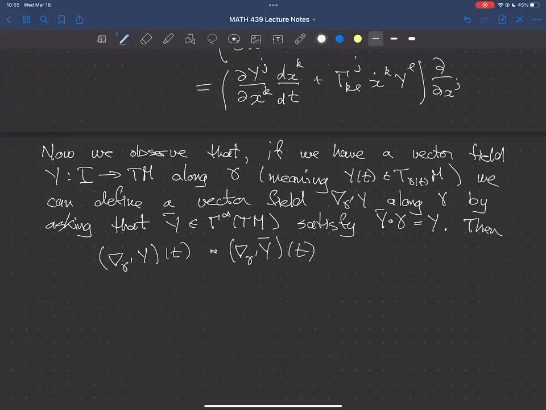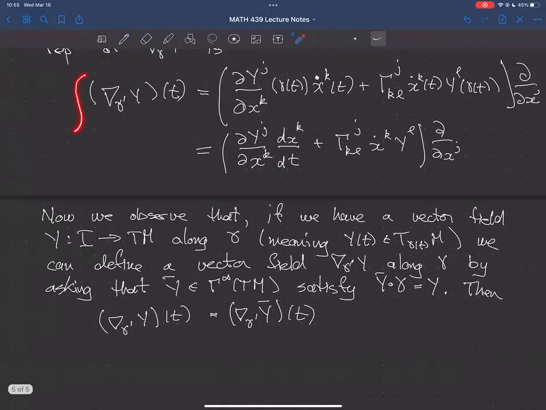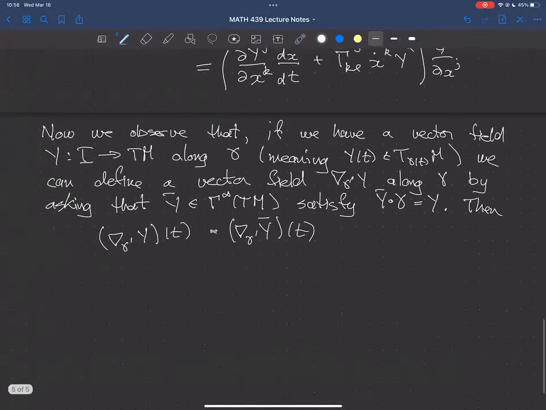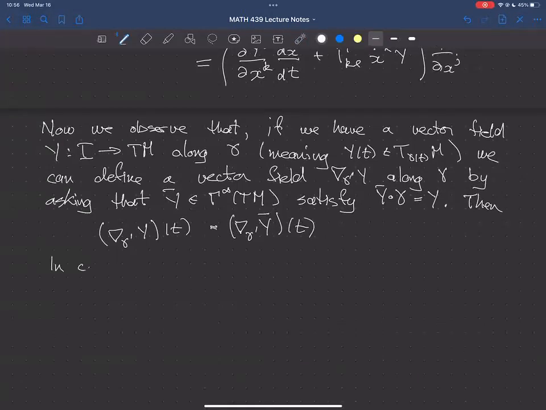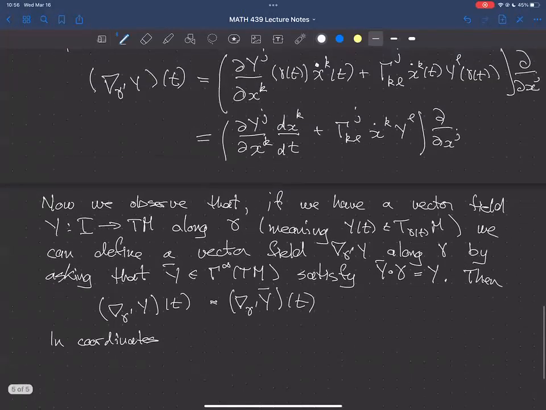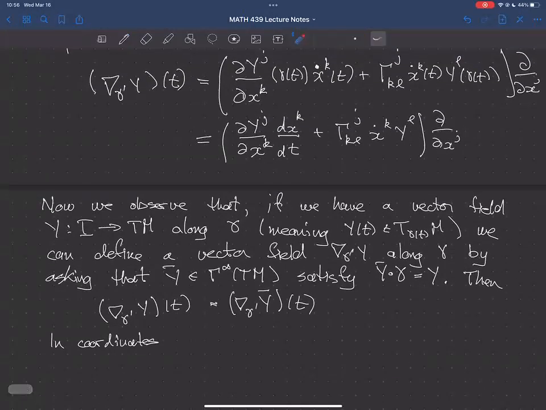I'm just using the construction that I just made up to define this derivative just for vector fields along the curve. And so in coordinates, we already decided that this was dy by dt. So it's exactly the same expression with this replaced by its chain rule equivalent, dy by dt.